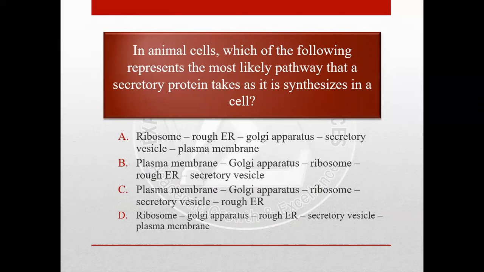Letter C, plasma membrane, Golgi apparatus, ribosome, secretory membrane before rough ER. Or letter D, ribosomes, and then Golgi apparatus going to the rough ER, to the secretory vesicle, into the plasma membrane. 5 seconds to answer.